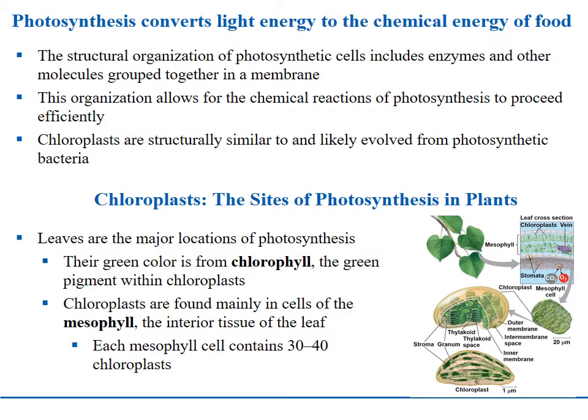So photosynthesis is going to convert light energy into the chemical energy of food using some really specialized photosynthetic cells that we call chloroplasts. The chloroplasts are going to contain some enzymes and some other molecules grouped together inside of a membrane, and this allows for these chemical reactions to proceed in a really efficient manner so that the plants are using their available resources to the best of their abilities.